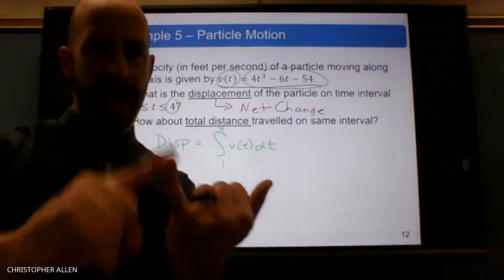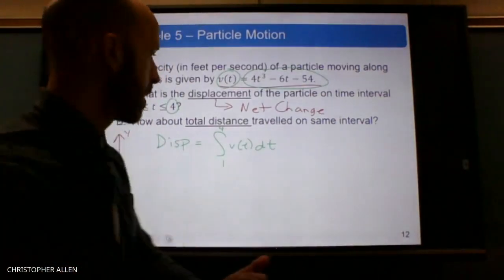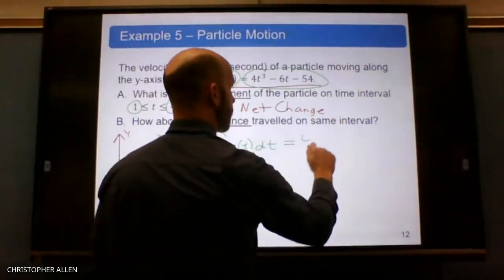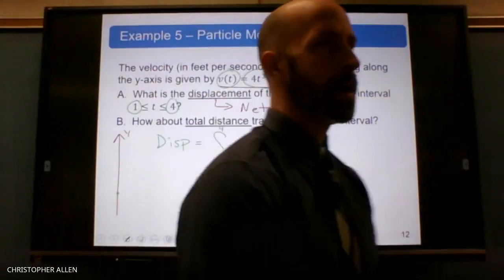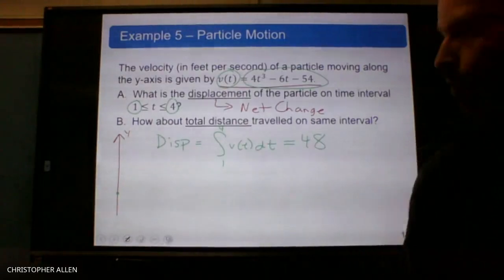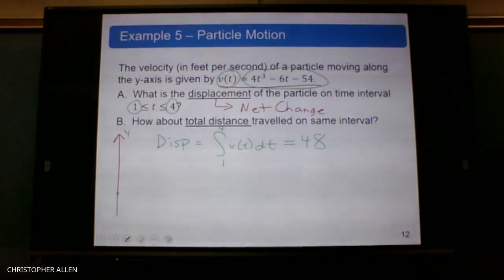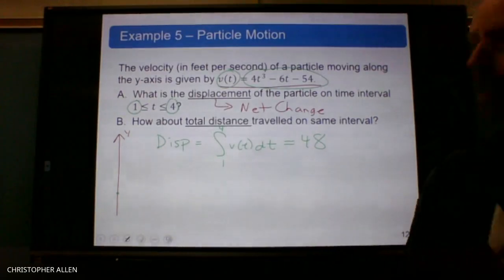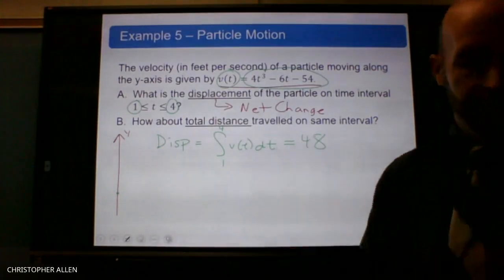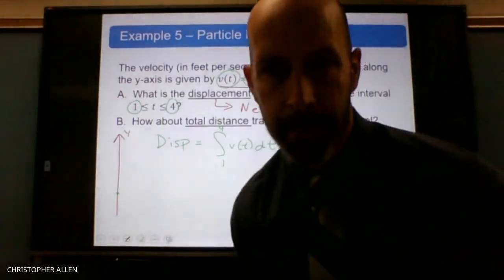You could do this by hand or you could use the calculator. But I'm just telling you that the answer here is 48. You could find the antiderivative, which would be t to the 4th minus 3t squared minus 54t. Plug in from 1 to 4. You'll get an answer of 48. Can you guys live with that?